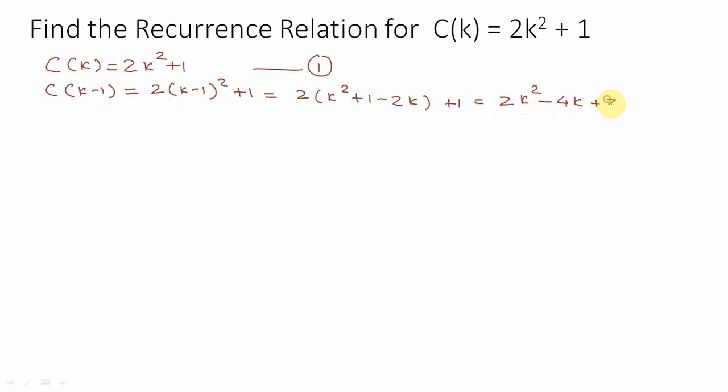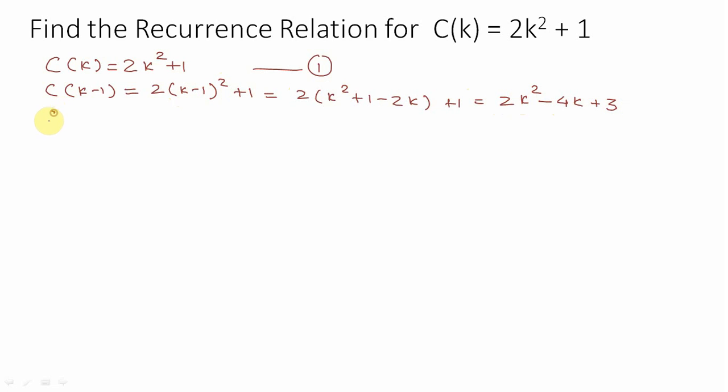If I substitute k by k minus 1 over here, I get c_{k-1} is equal to 2(k-1) whole square plus 1. Let's solve it. You get 2k square plus 1 minus 2k plus 1. Solve it further, you get 2k square minus 4k plus 3.